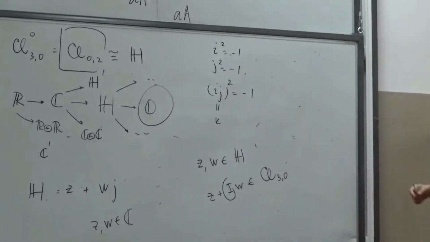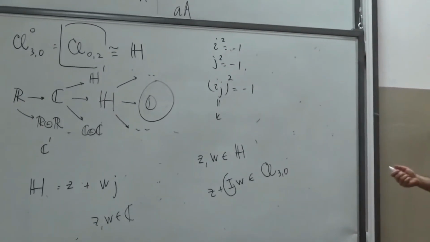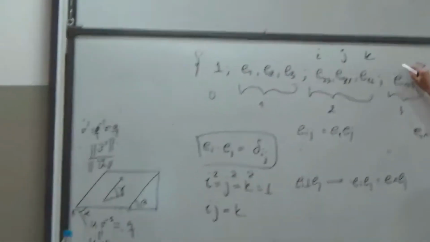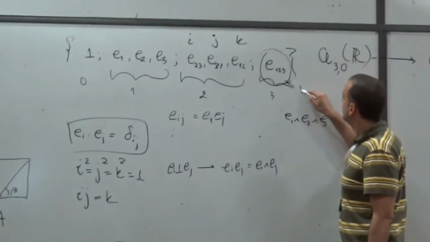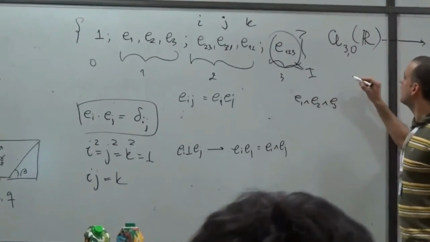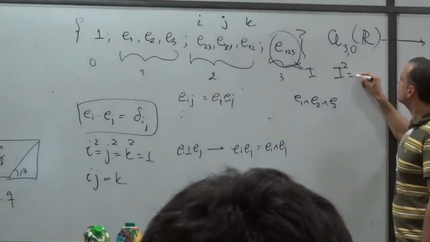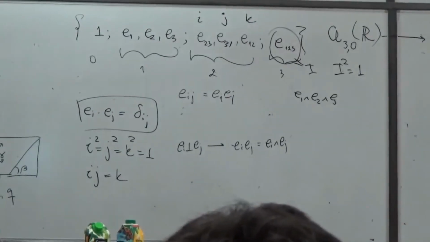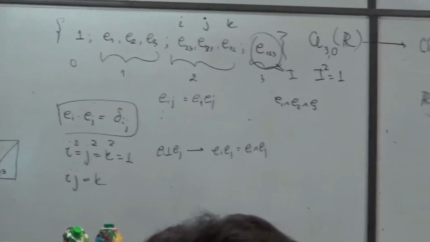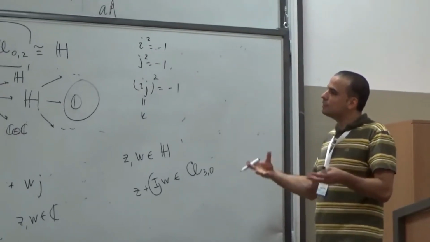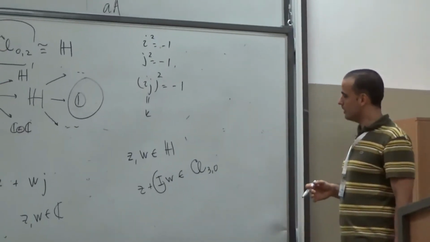But it turns out it is the very imaginary unit because this is actually the so-called pseudo-scalar. It has this very nice property that it squares to -1. And it commutes with all elements of the algebra. So it has the very algebraic property of the definition of the imaginary unit.